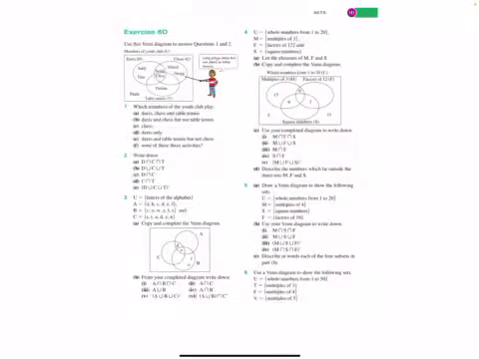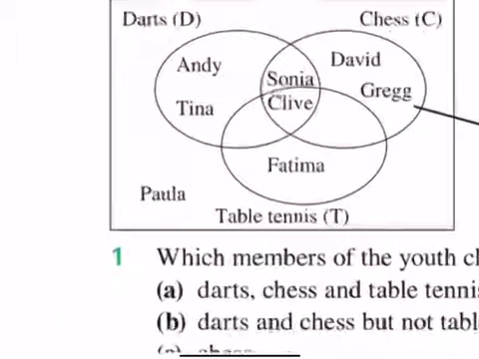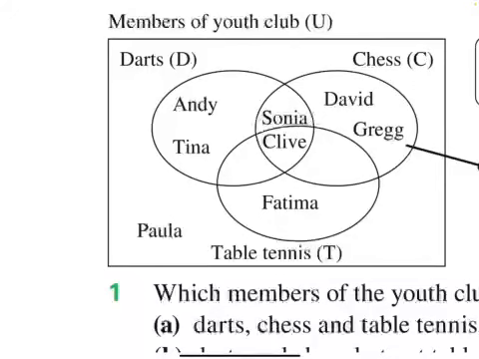E, darts and table tennis, but not chess. So you play darts, you play table tennis, but you don't play chess. That is an empty set.